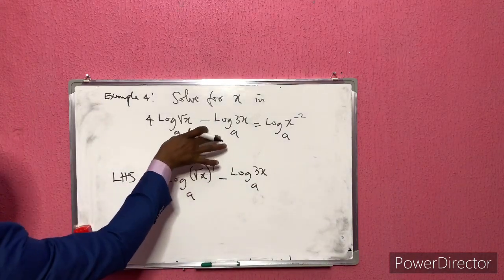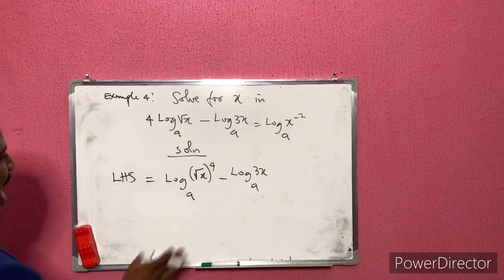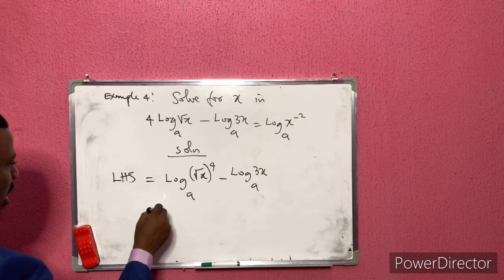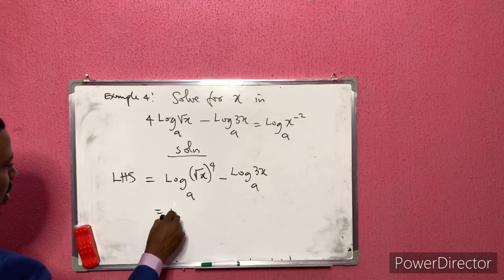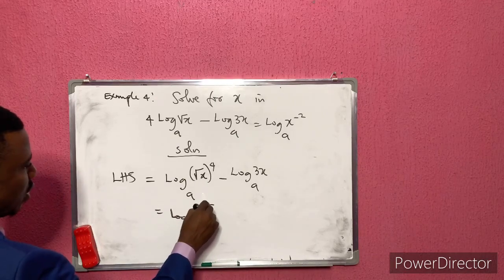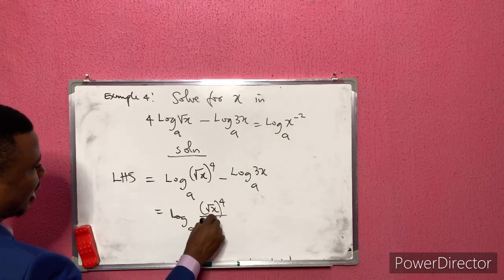I am solving the left hand side first. They have the same base, so I'm going to divide the logs. I'll have log base a is equal to root x power 4 all over 3x.